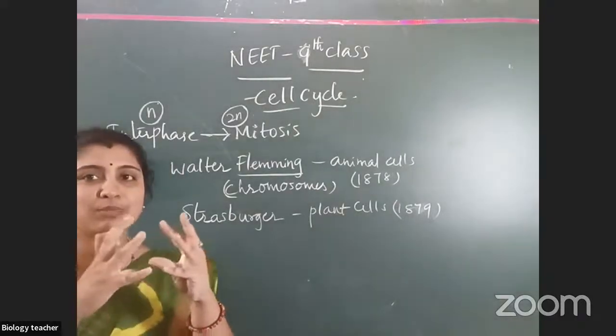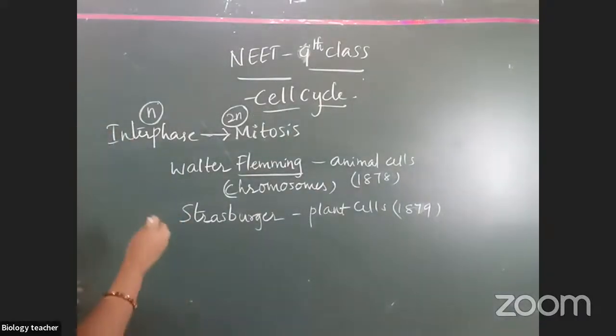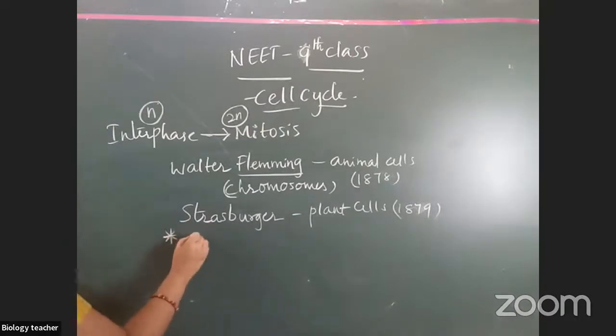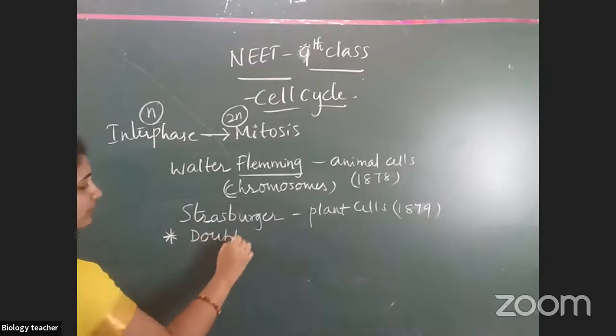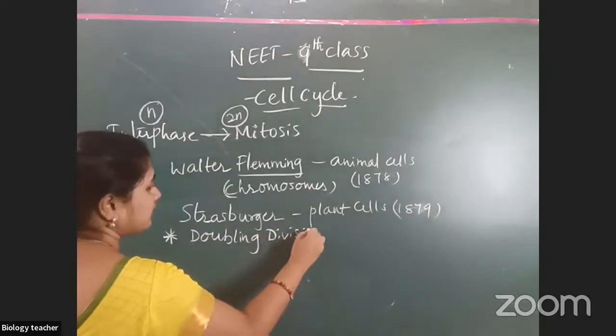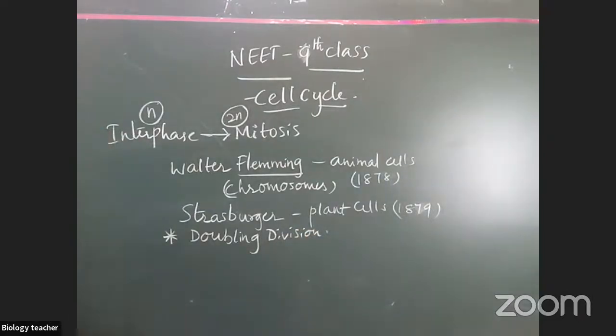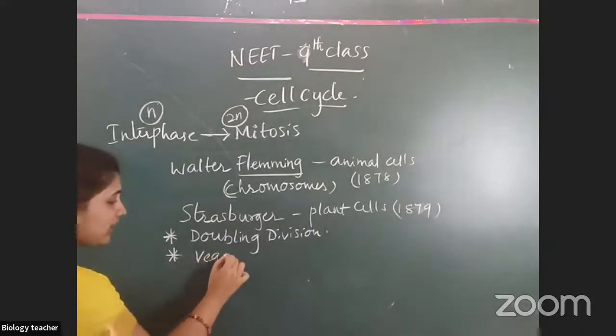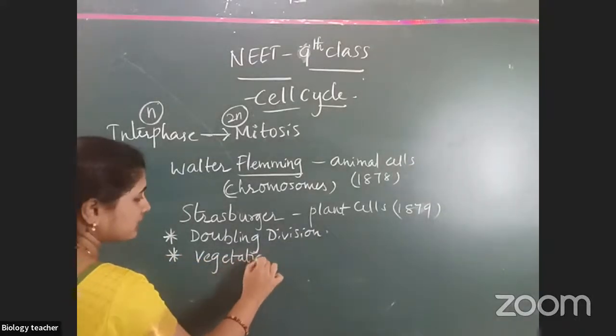So mitosis you have studied, no? One cell is becoming big and dividing. So that is why mitosis is also known as doubling division. And this mitosis takes place only in vegetative cells.